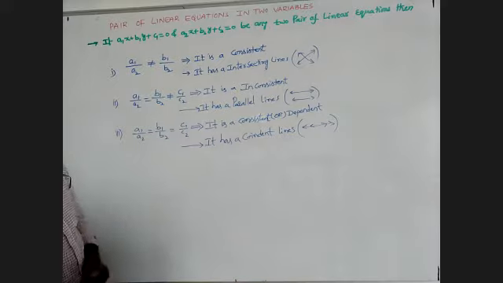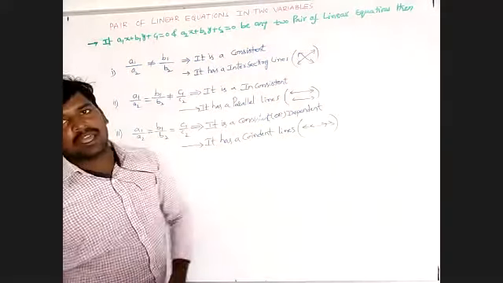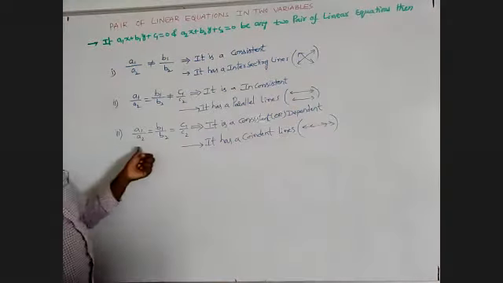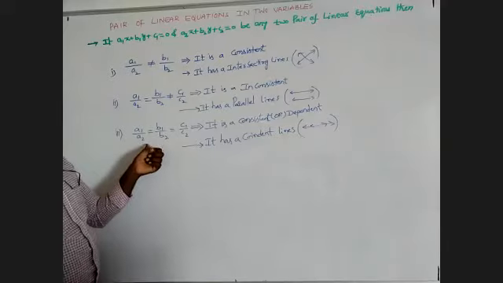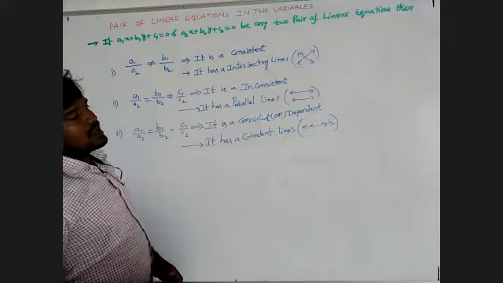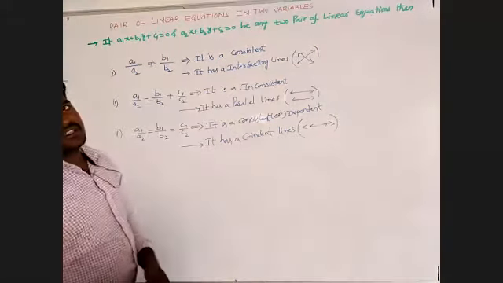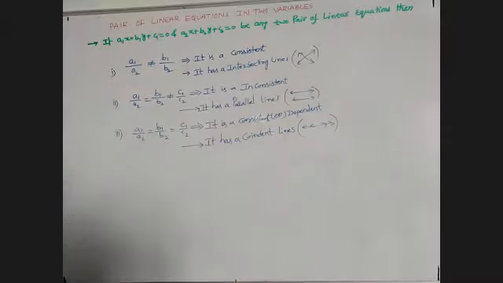Then it is inconsistent, and the graph has parallel lines. Otherwise, finally we take a1 by a2 is equal to b1 by b2 is equal to c1 by c2, which means it is consistent or dependent. Then the graph is coincident lines. Students, these three points should be noted in your mind.